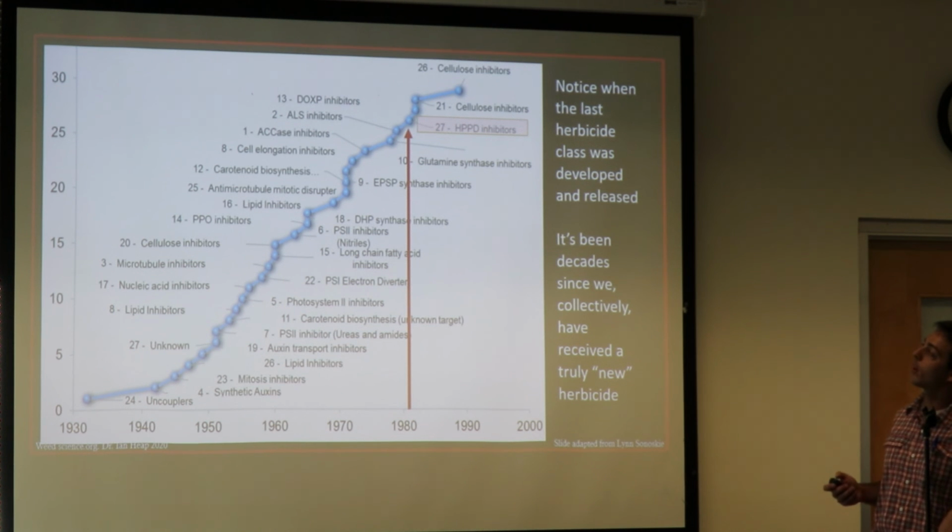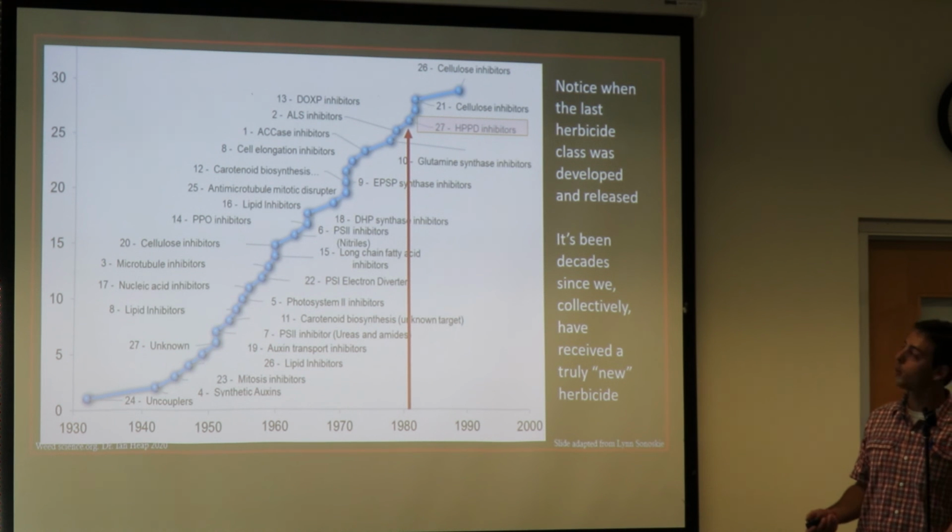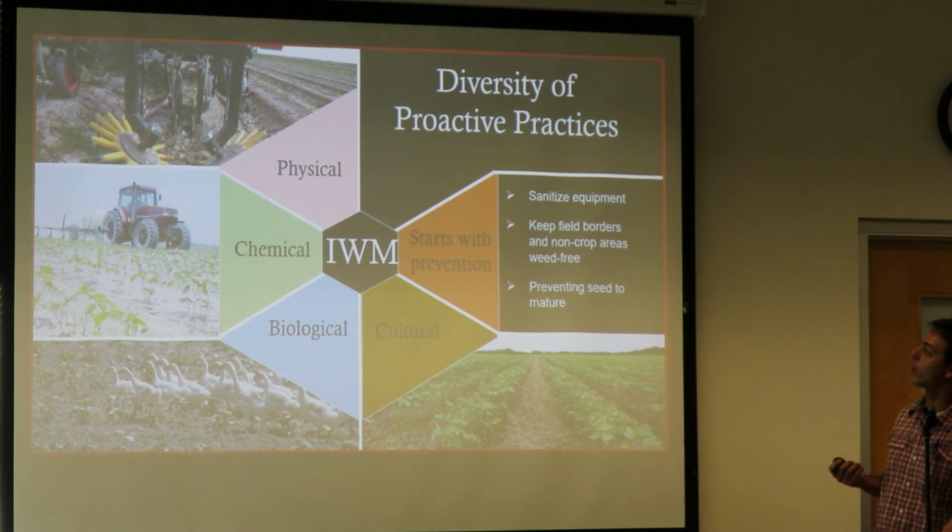That's a brand new chemistry, a herbicide that is completely different from everything that we have done so far. So if we keep losing chemistries, we're not going to come up with a new one in a few years. No, it's very hard. It takes 10 to 15 years of herbicide discovery work and more than $300 million. So we really should do as much as we can to keep the ones that we have still effective.